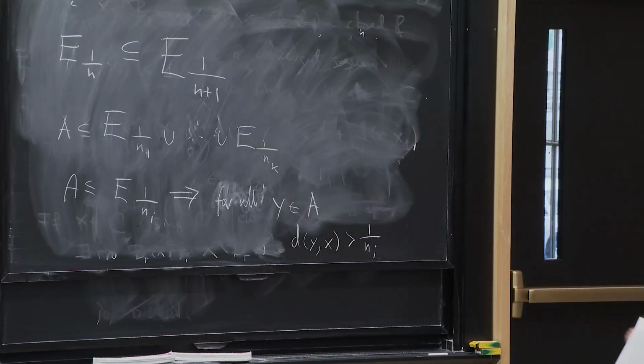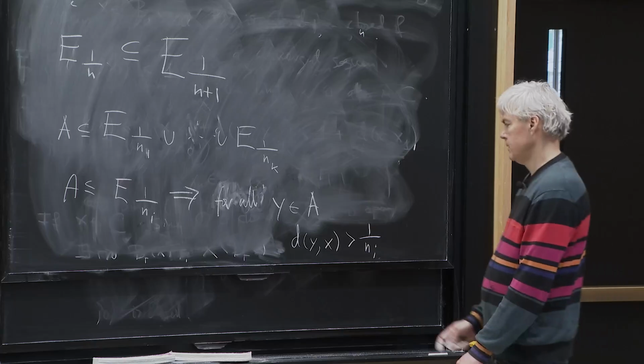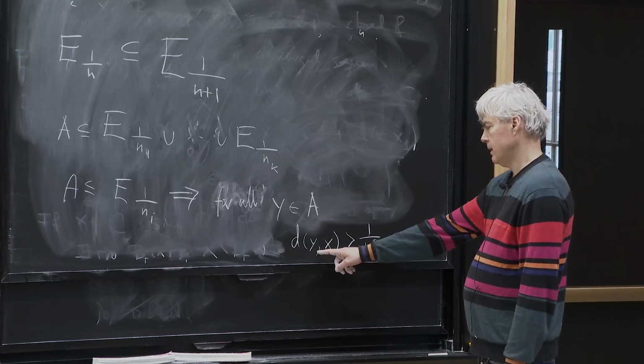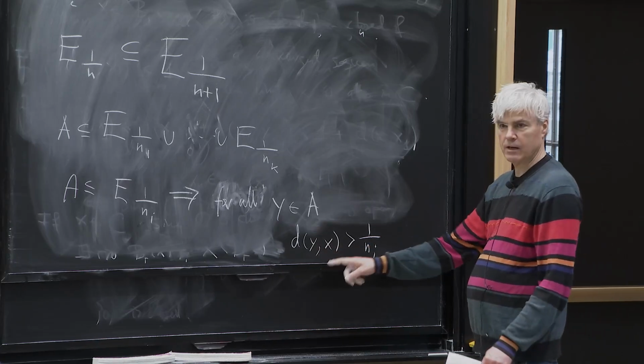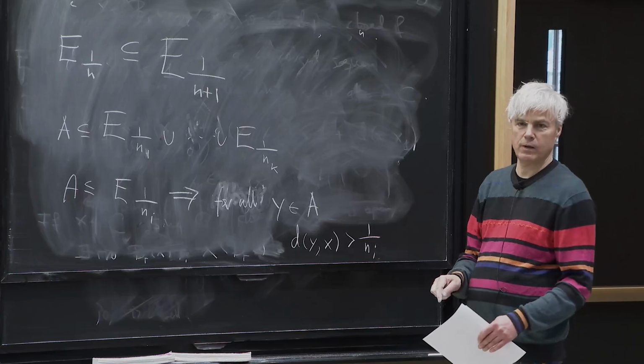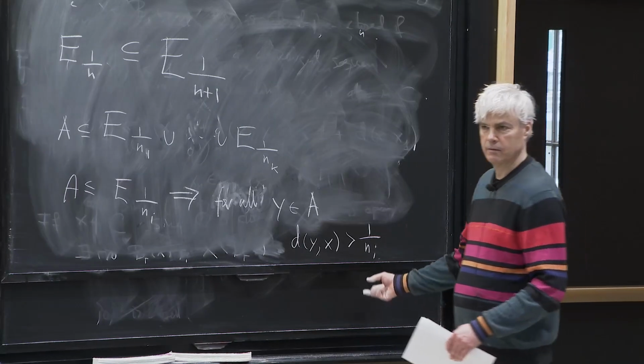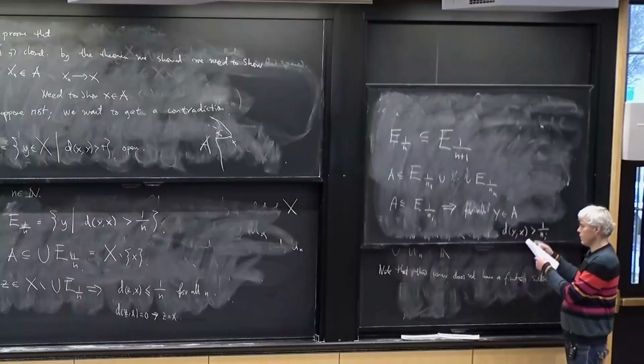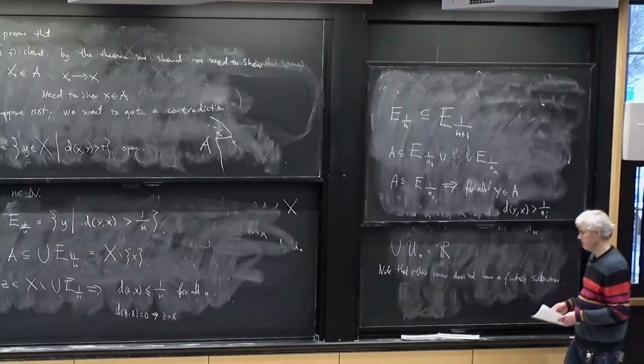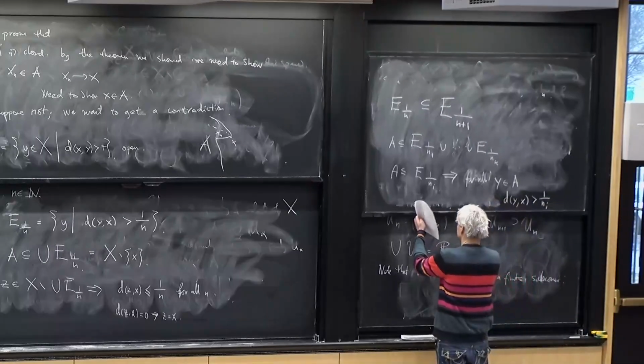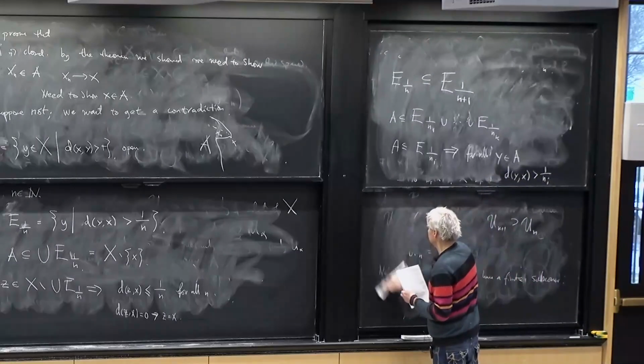This is just some fixed number. But this means that you can't have a sequence in A that is converging to x, because they all stay away from x. They stay a certain positive distance away from x.